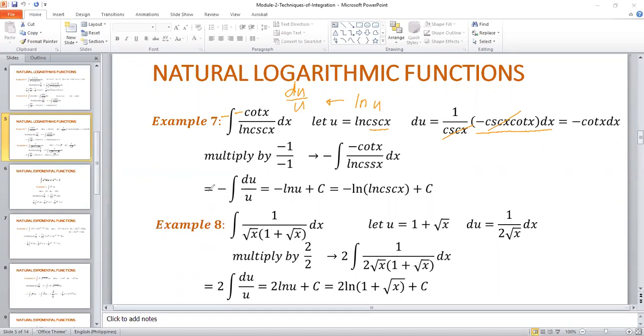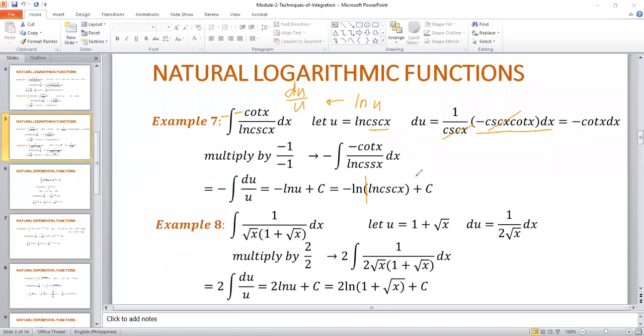So it's the negative of du over u, because this is now your du and this is your u. And then the answer is negative ln of u. What is the u? The ln of the cosecant of x. So you write the answer as the negative ln of ln cosecant of x.